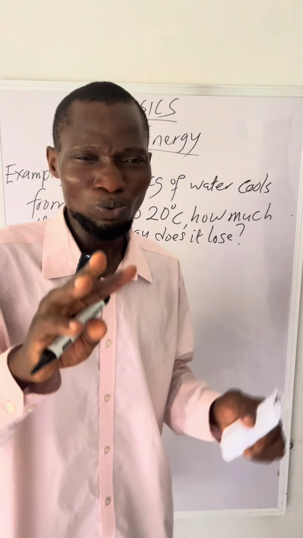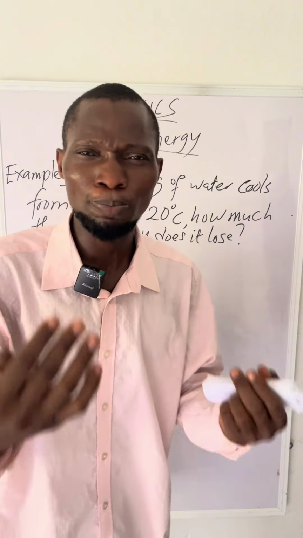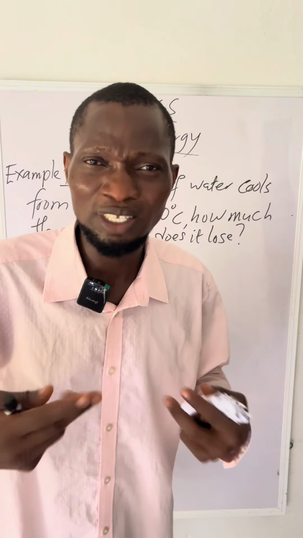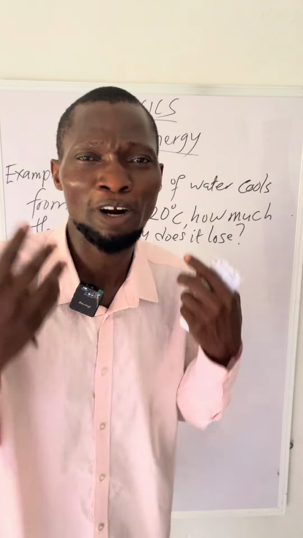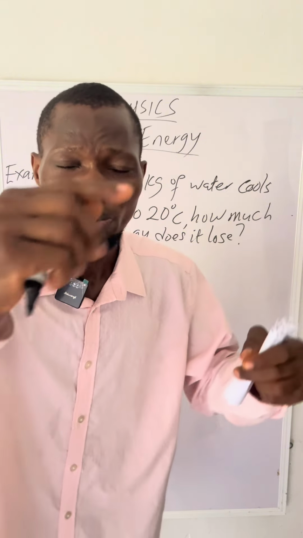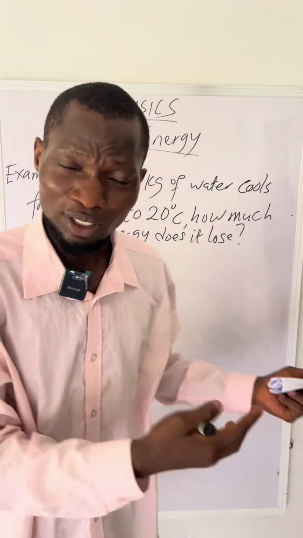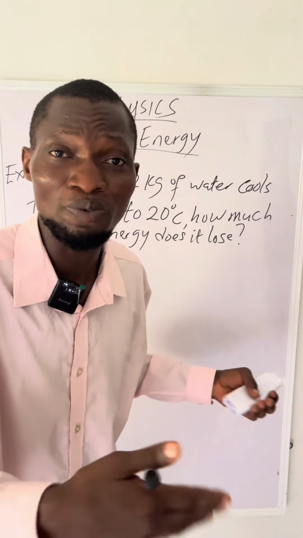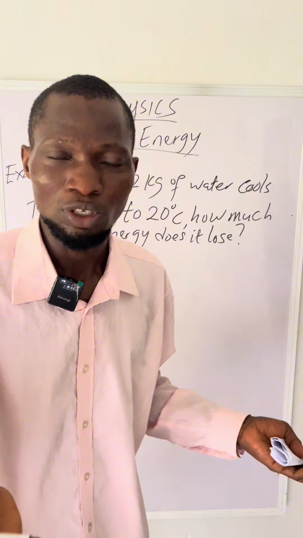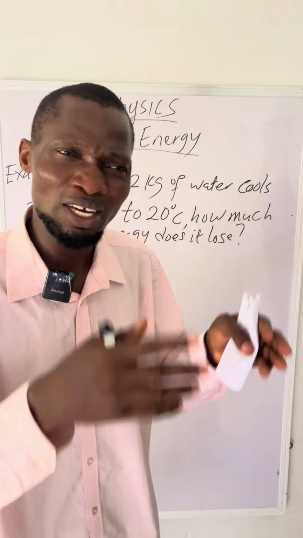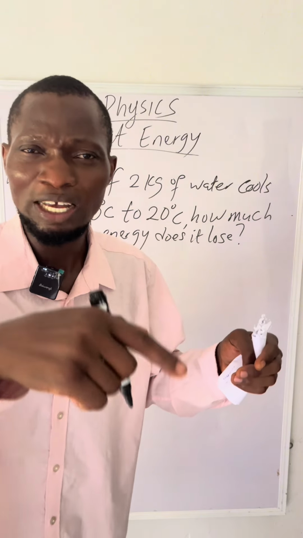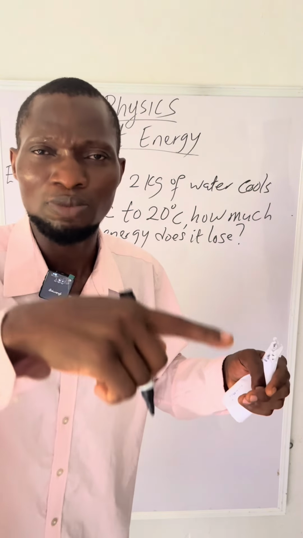But now, when you're trying to solve questions in physics, it is important that you cultivate the habit of bringing out your parameters, and you should understand what the question is asking of you. The question is asking us to calculate the quantity of heat that the body is losing. I know that quantity of heat means Q = mcΔT.